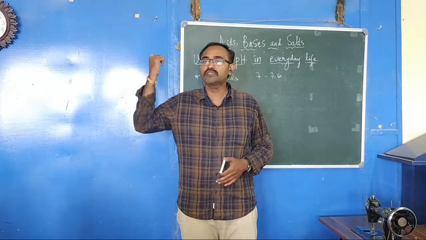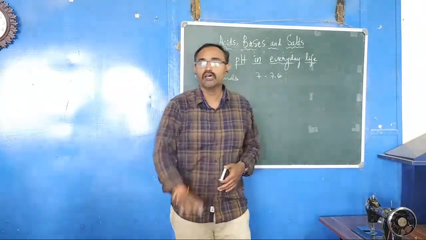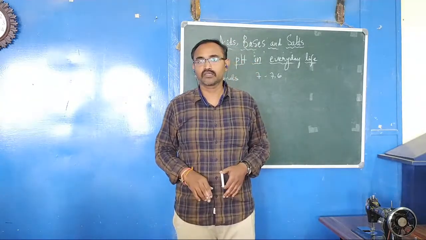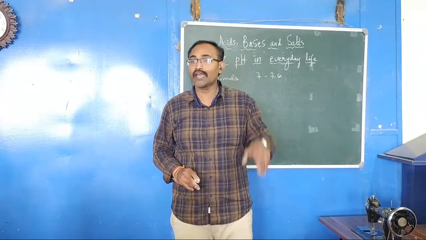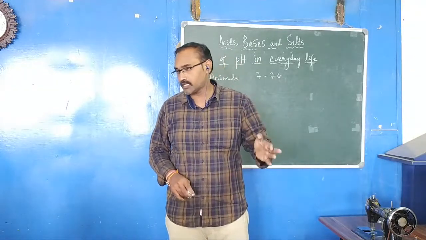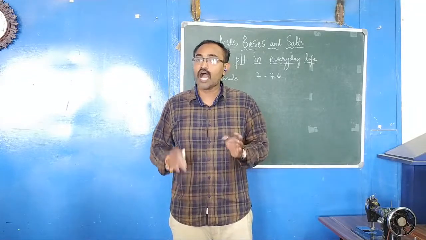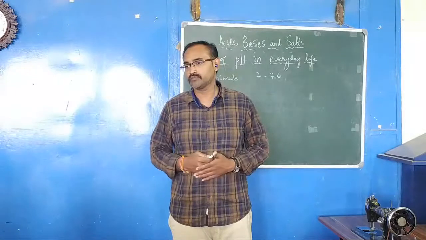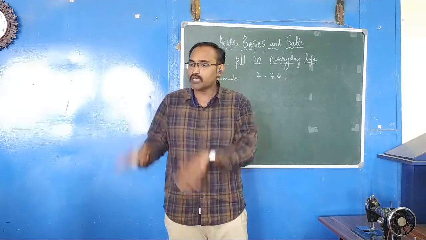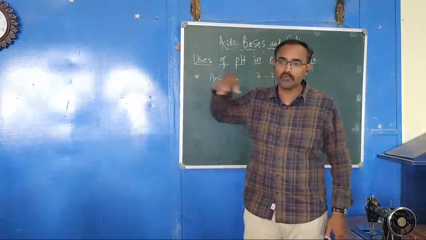So what happens when the acid rain joins the river bodies or the water bodies of the aquatic animals? There will be a change in the pH of water. When the pH of water changes, aquatic animals cannot survive. The rain falls on each and every place.